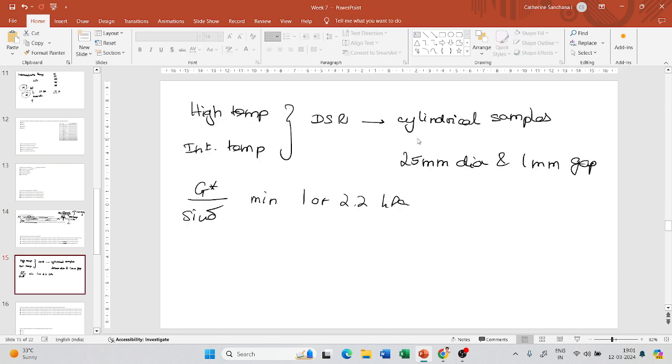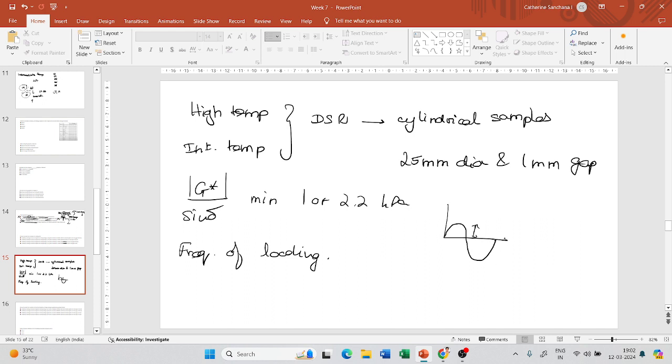So what is this 10 radians per second or 10 hertz? It is the frequency of loading. Now, how are these values actually measured? By subjecting the sample to a sinusoidal loading of a particular stress or strain amplitude at a particular frequency. What is this frequency?